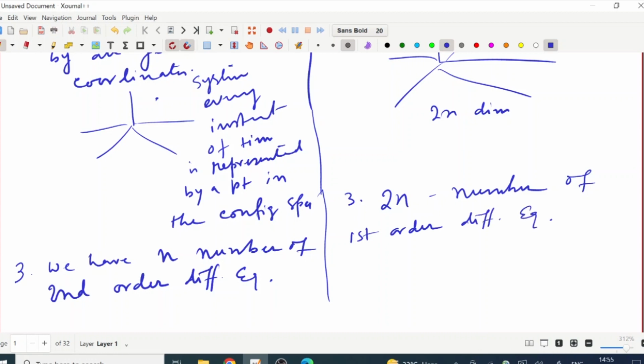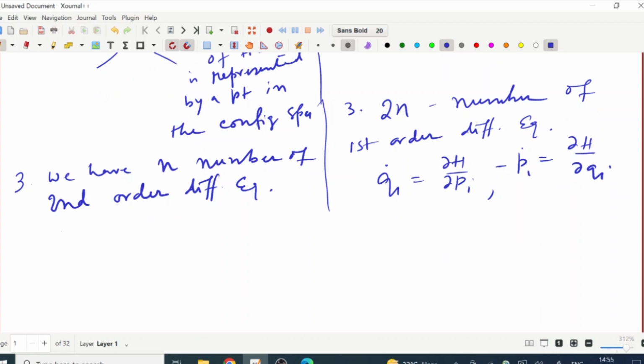So, we have the advantage of solving first order differential equations even though they are more in number. These equations are qi dot equals del H del pi and minus pi dot equals del H del qi, and the Euler-Lagrange equation is del L del qi minus d/dt of del L del qi dot equal to 0.